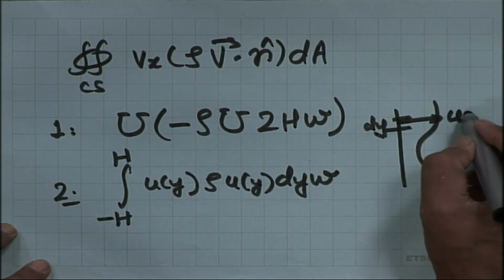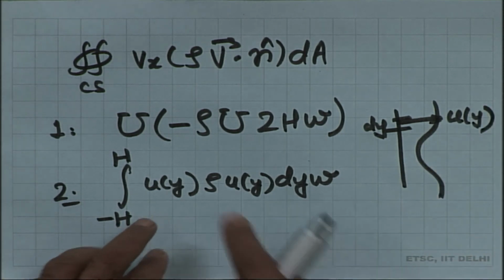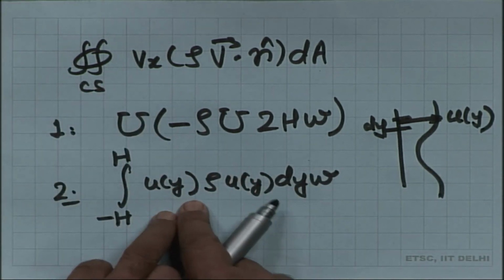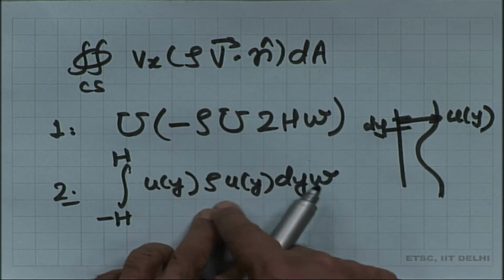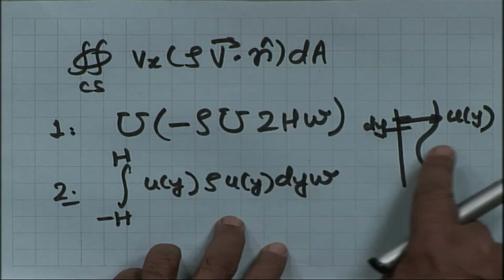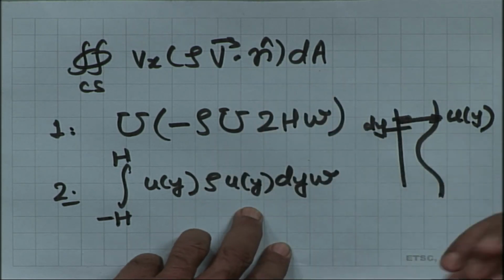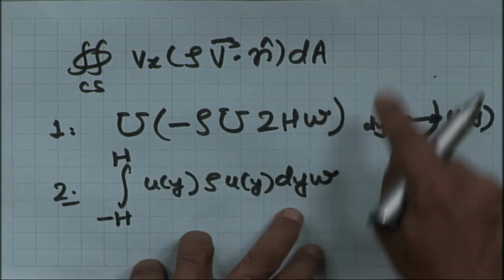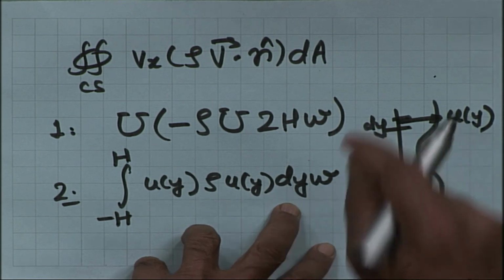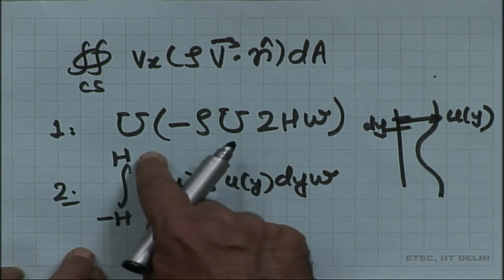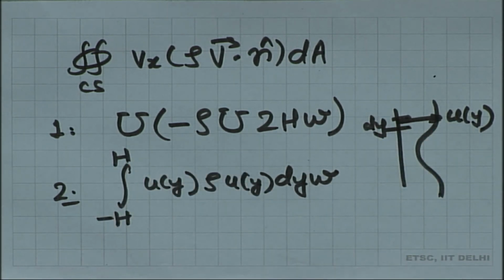This velocity is u of y. So, now Vx becomes u of y, rho is rho, v dot n becomes u of y, n is plus 1 and dA is dy multiplied by the width, and we integrate this from minus h to h, that is what will give us this.